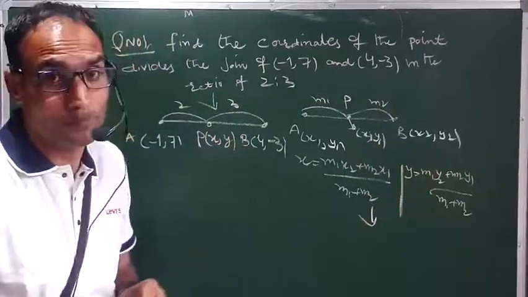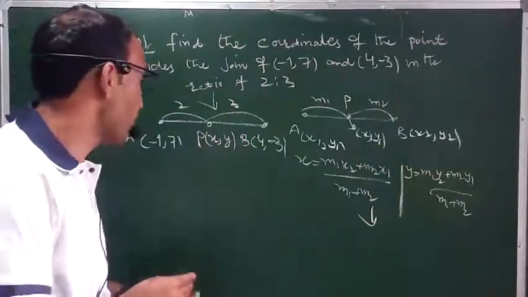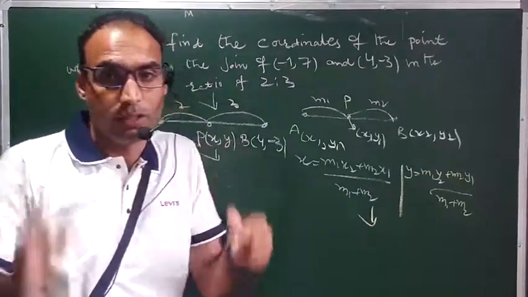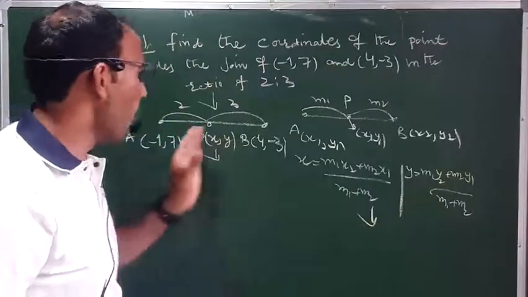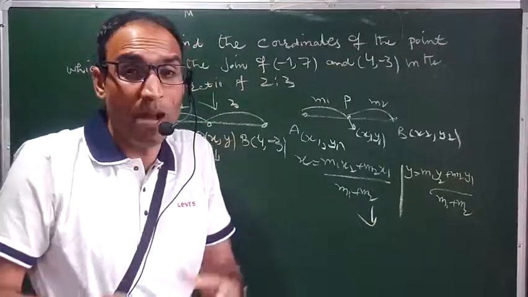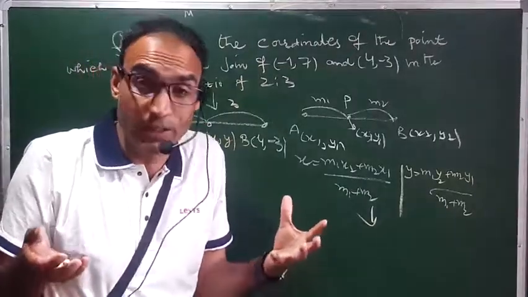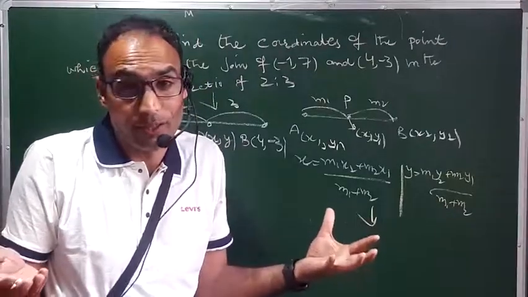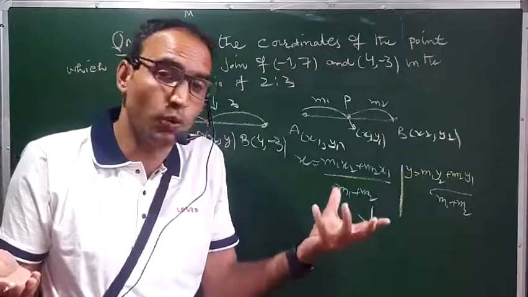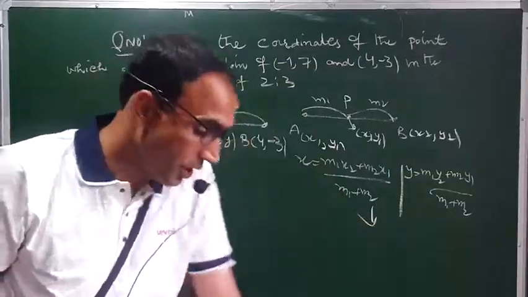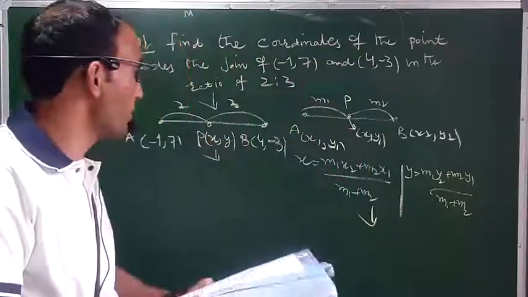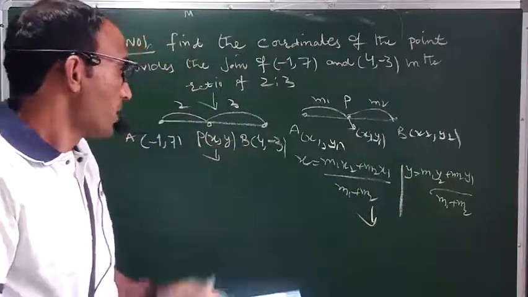We have to determine the coordinates of this point. हाँ बेटा, now by which formula we will use to determine the required result? Can we use the distance formula? No, because distance formula is used to determine the distance between two points. Simply we will use the section formula.